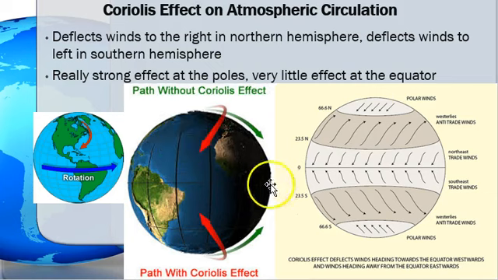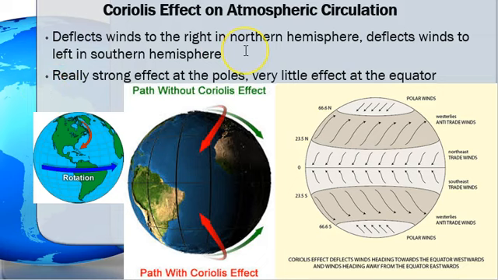So what we would naturally see is this circular pattern right here from high to low at the poles to the equator. But we're not going to see a nice, neat circle like that. We're going to see more of these deflected wind patterns where they're bending in a particular shape. And that is because of the Coriolis effect.